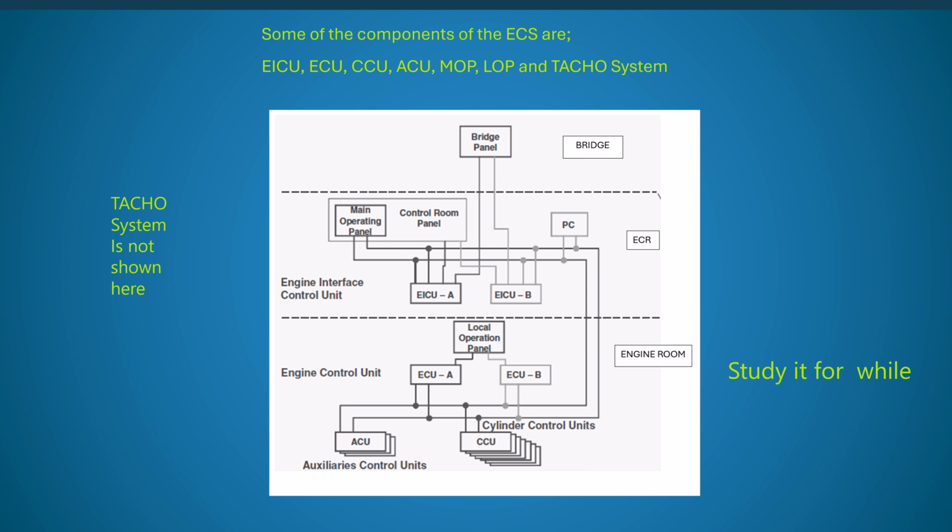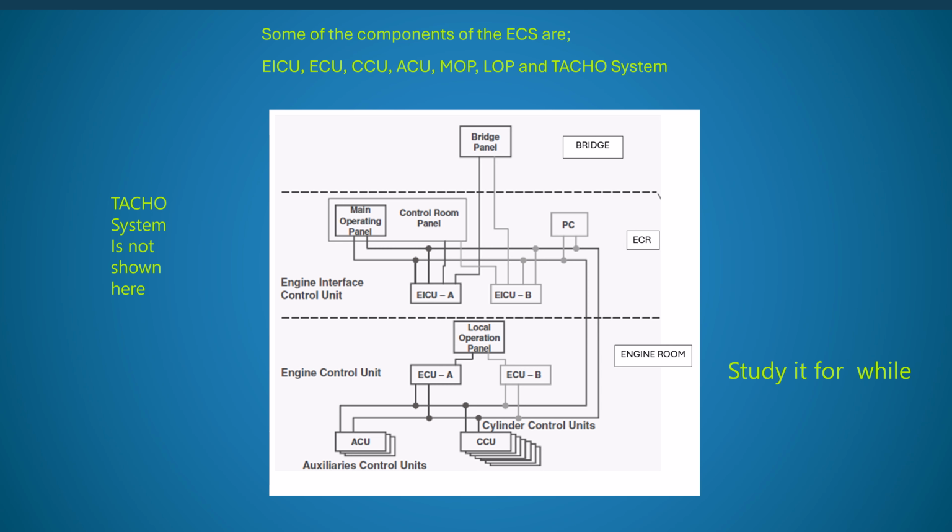Then we have the CCU. CCU is one for each unit, the cylinder control unit. The actual functions of a cylinder are carried out by the CCU as directed by the ECU. The brain behind that is the ECU, like the chief engineer, and the actual work is carried out by the second engineer or first engineer, something like that.